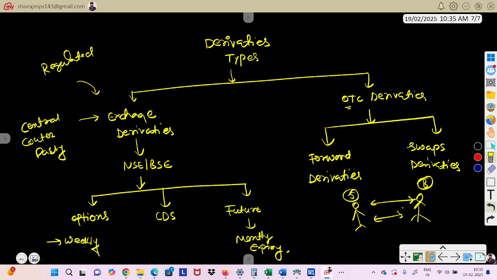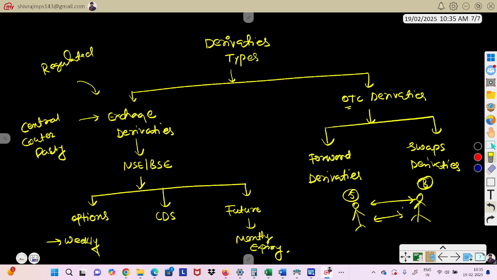These are the types of derivatives, basically forward derivatives and swap derivatives, but we'll have to discuss them in detail, then only you can understand. So we can pick swap derivatives today, and the rest we can cover in the next session.